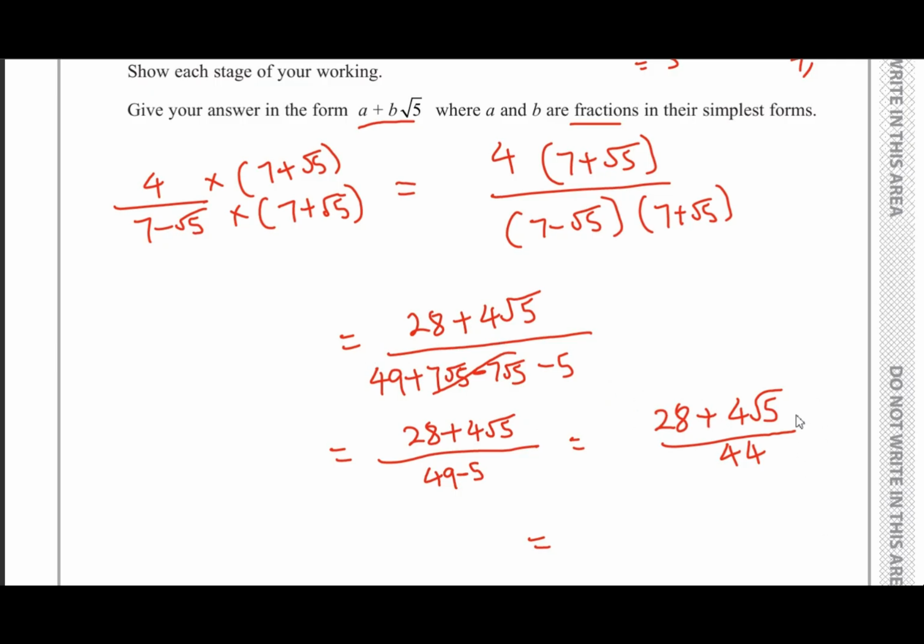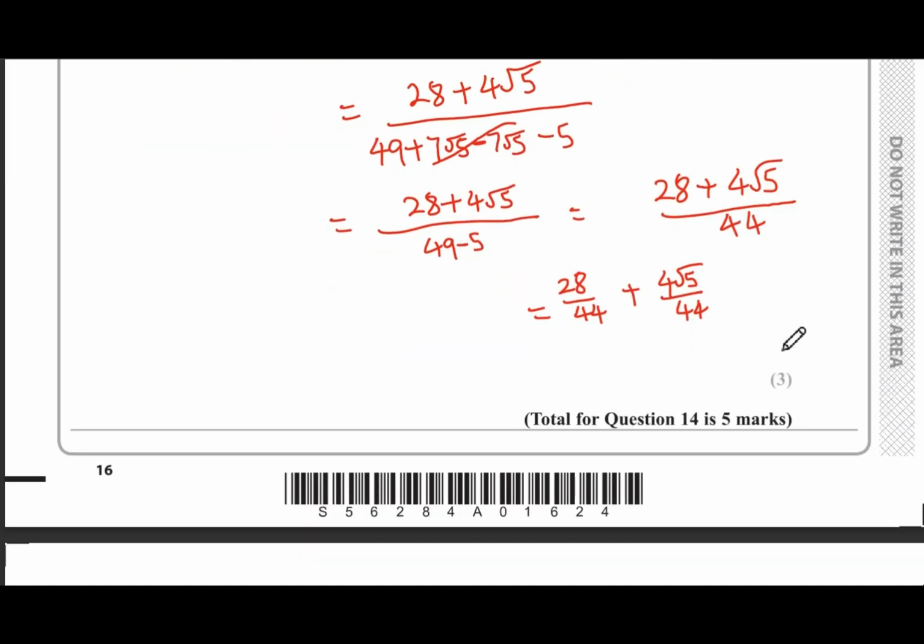So what I would get is 28 divided by 44, and also 4 root 5 divided by 44. 28 over 44 simplifies to 7 over 11, and 4 over 44 is 1 over 11, so this would be 1 over 11 root 5.